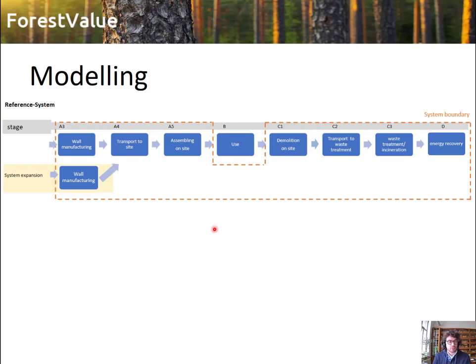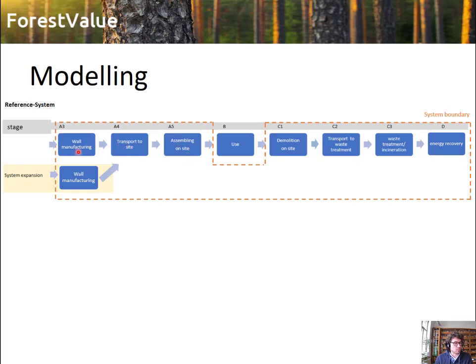Okay, so if we're converting the system into a LCA model, this is our reference system. So above here you have the life cycle stages as illustrated in the figure before. And then in blue you have the different processes that are considered.